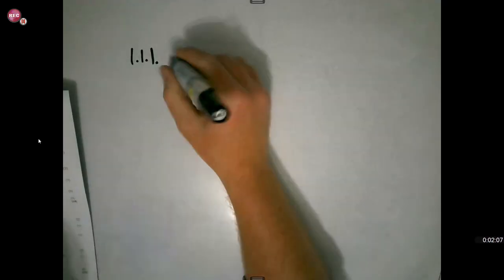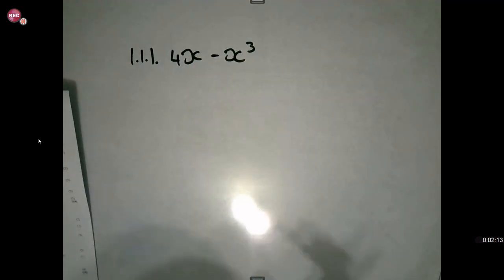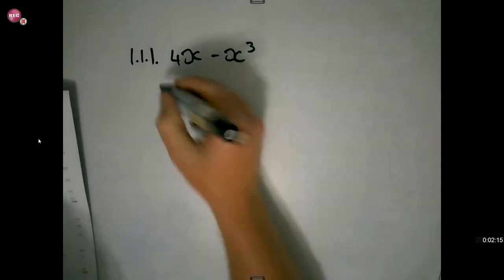So question 1.1.1, the question says factorize the following expressions fully. So they don't want an answer for x, they just want you to factorize it up until you have brackets, and that's it. So if you look at the following question as given to you here, you need to notice that you need to take out a highest common factor.